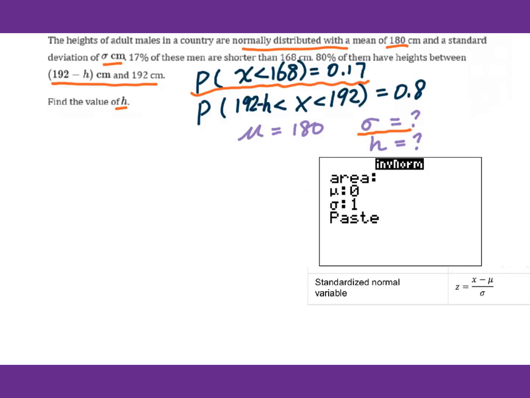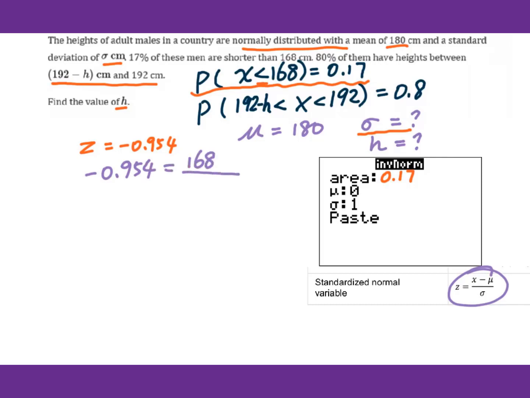Since this is less than 168, the area we just put, 0.17, to get the z-score equals negative 0.954. Then we use this formula. Negative 0.954 equals x, which is 168 minus 180 over sigma.